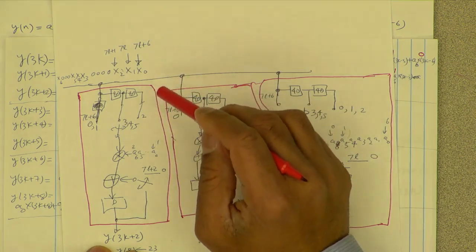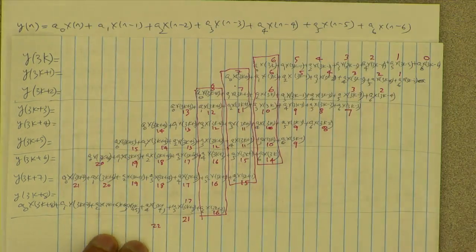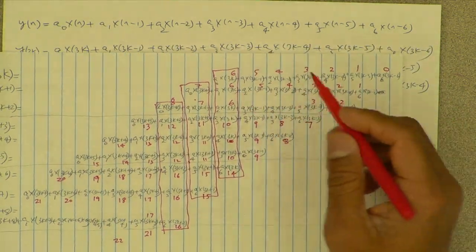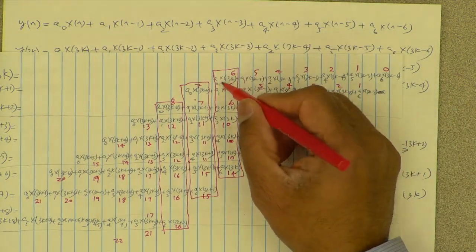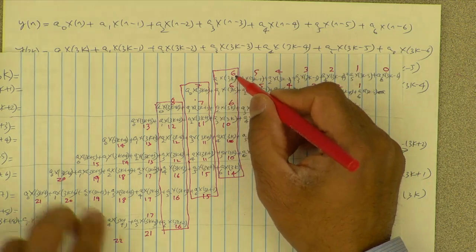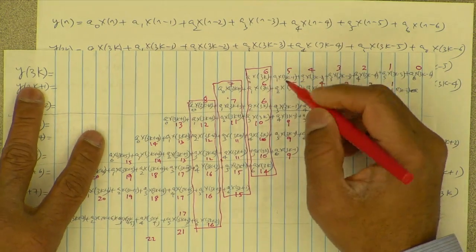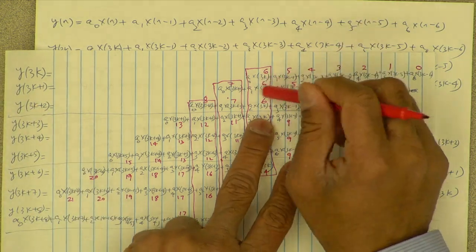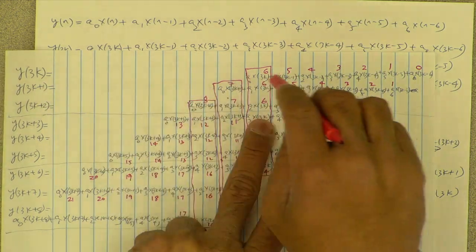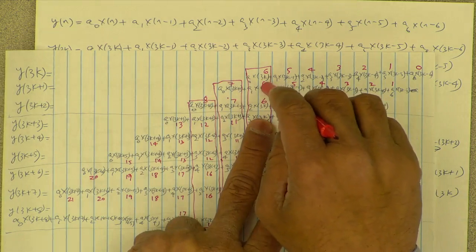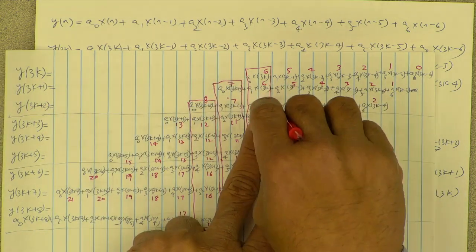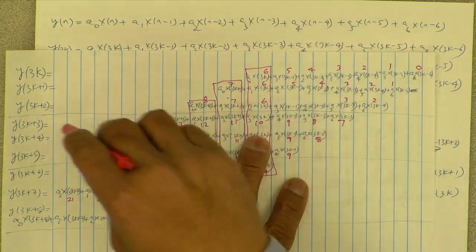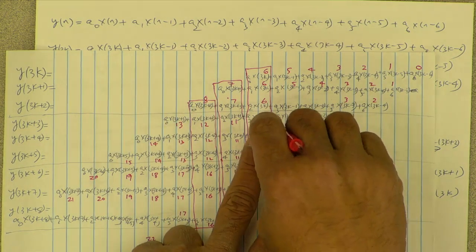To give you a simple example, I am writing down these time instances again. A0 times x0 is used by processing element 0 in clock cycle 6. In the same clock cycle 6, we compute y1 in processing element 1, and processing element 2. Then I need that x0 again by processing element 0 in clock cycle 10.